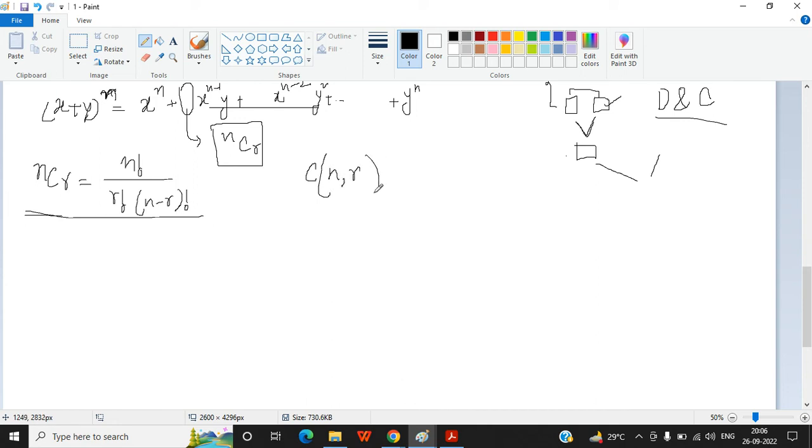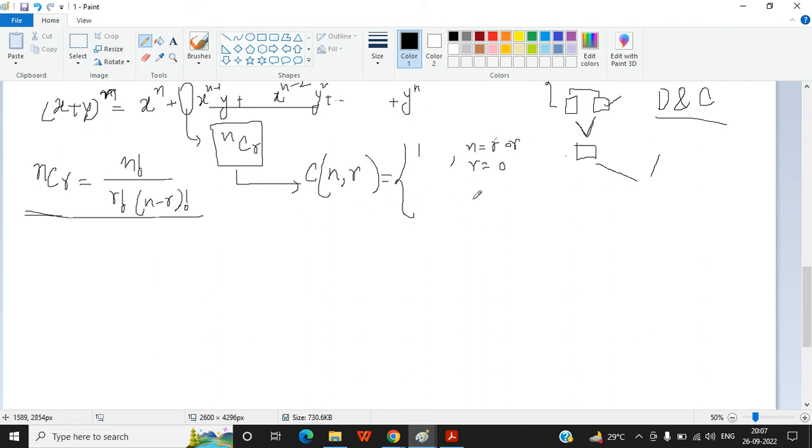NCR is 1 when n is equal to r, or r is equal to 0.